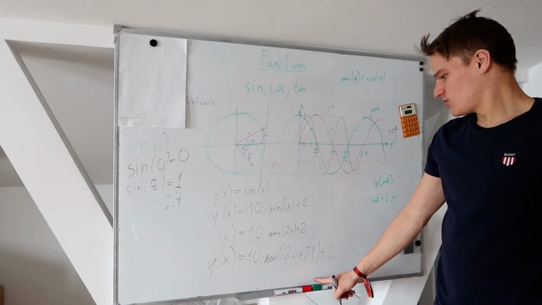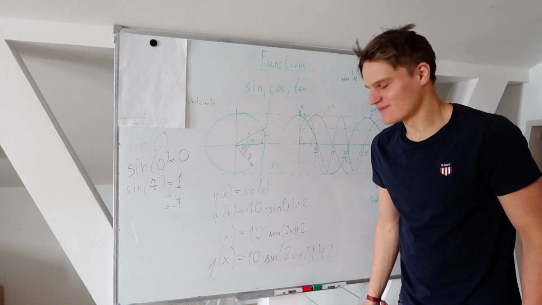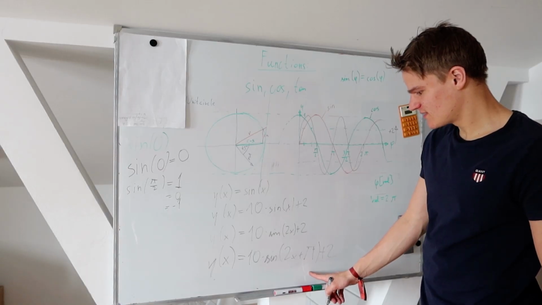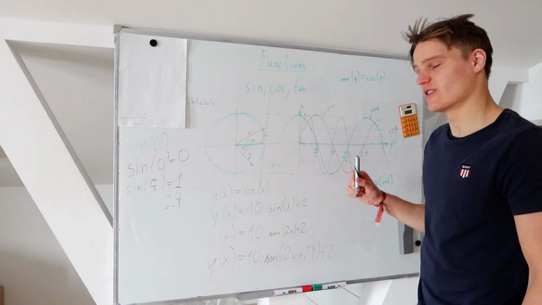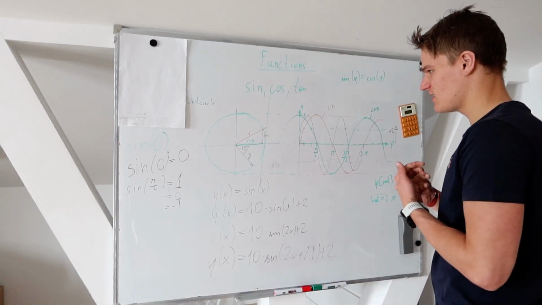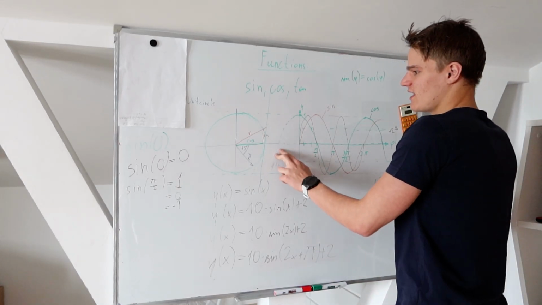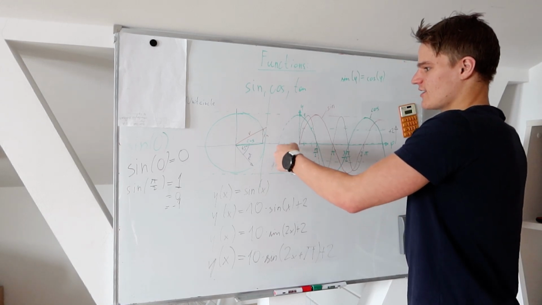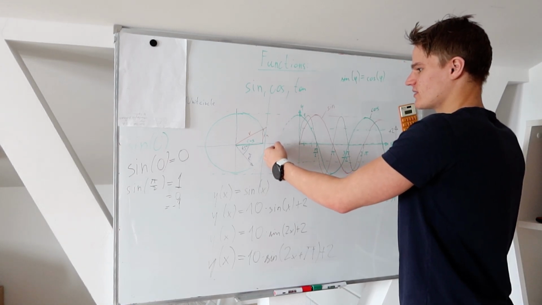10 times sine of 2x plus pi, what does that mean? Well, if we add pi, we're shifting the function, because we're adding a value. So what does it mean? If I have cosine and I add pi to the function, then I shift the function.